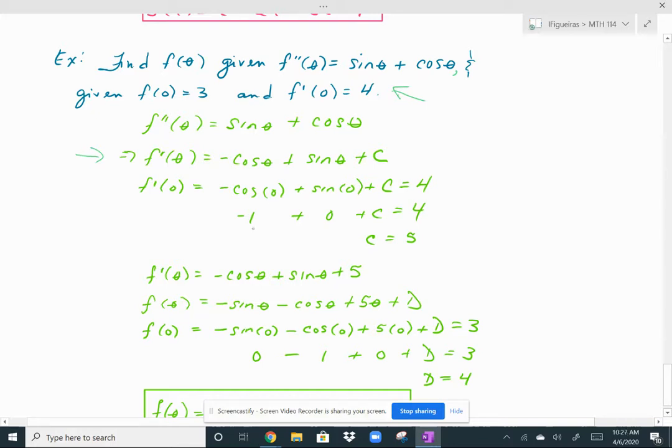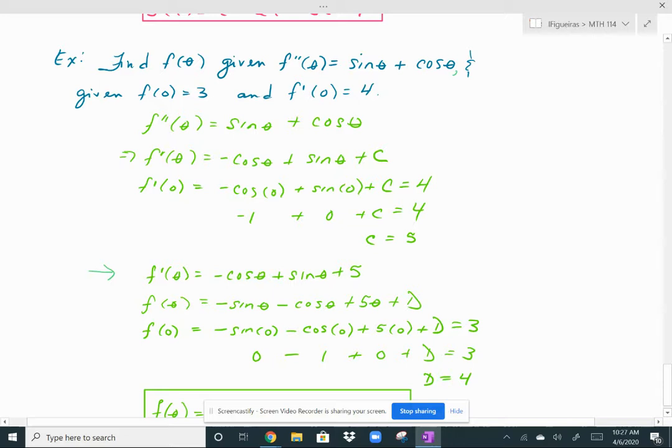Cosine of 0 is 1, so you have negative 1 plus 0 plus c equals 4. Solve for c, you get c is 5. So your first derivative, or the antiderivative of f double prime, is f prime of theta equals negative cosine of theta plus sine of theta plus 5.